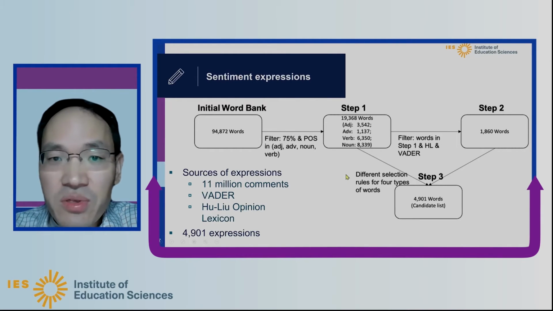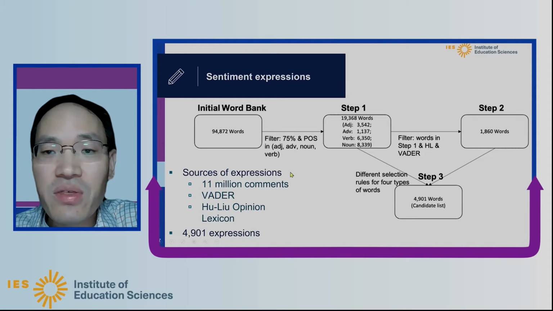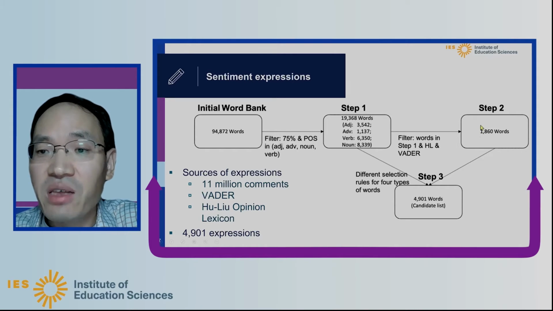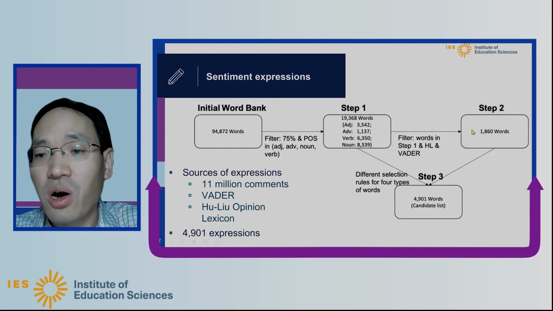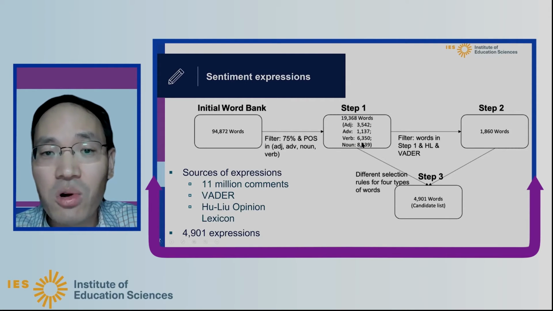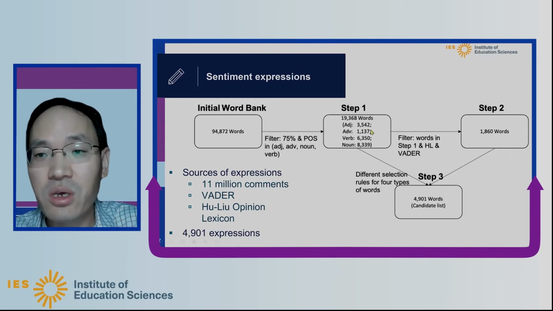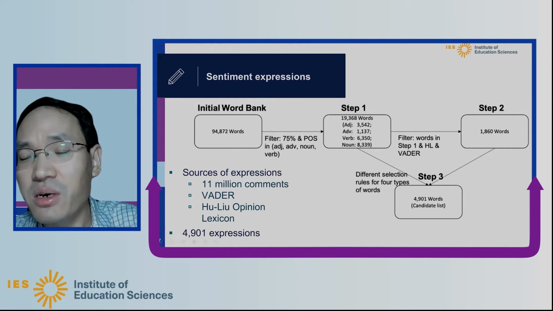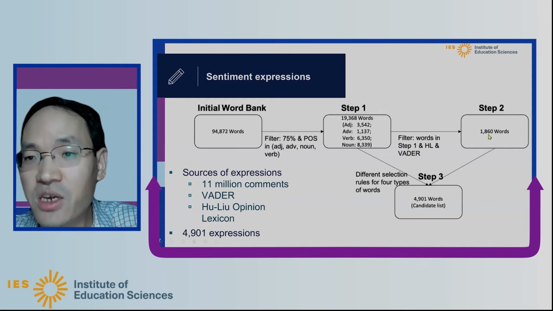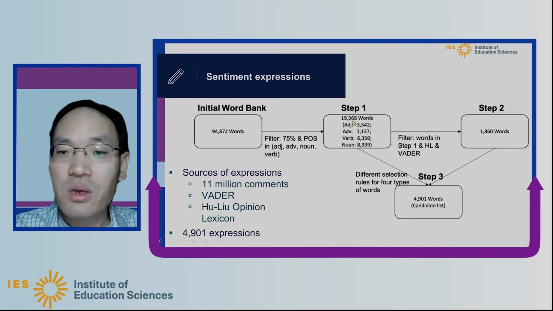In addition to using the words directly used in the teaching comments, because there are some other dictionaries that have been developed for other purposes, we also incorporate some of the words in our word bank to develop our sentiment dictionary. We added about another 1,800 words to those 19,000 words.